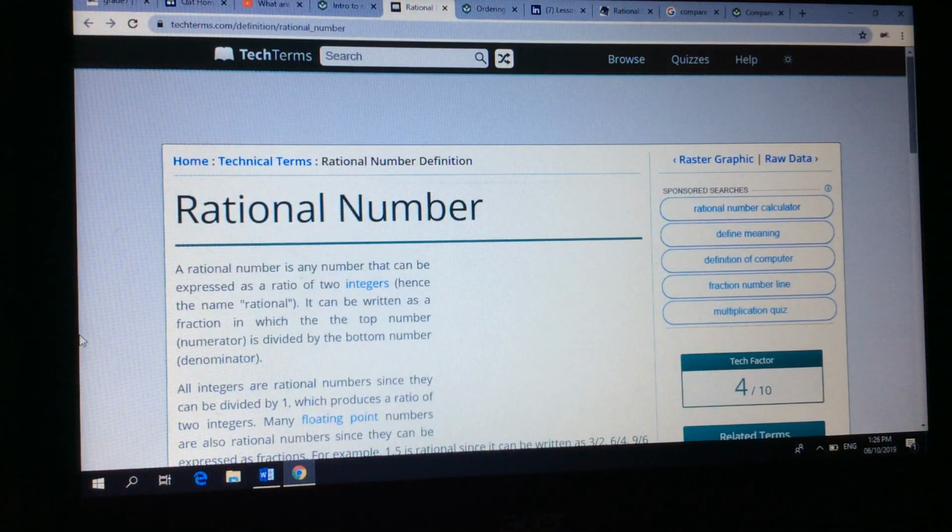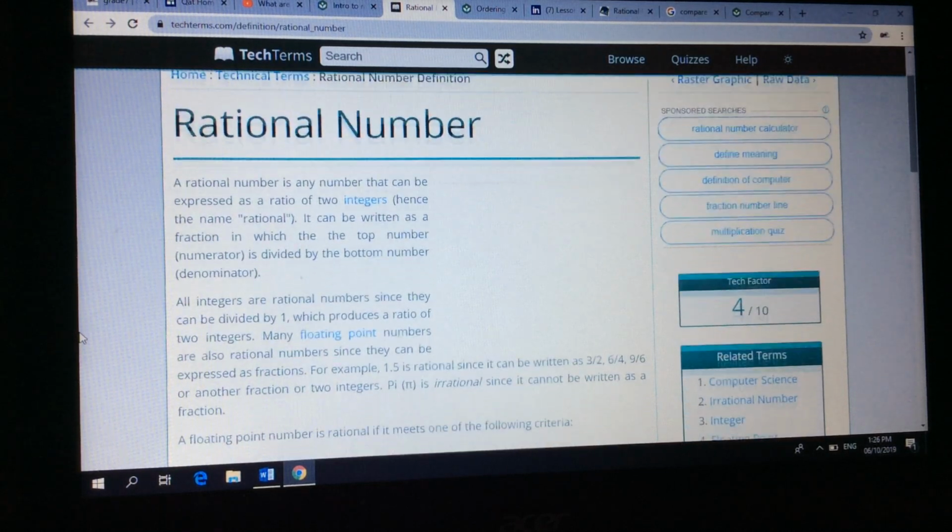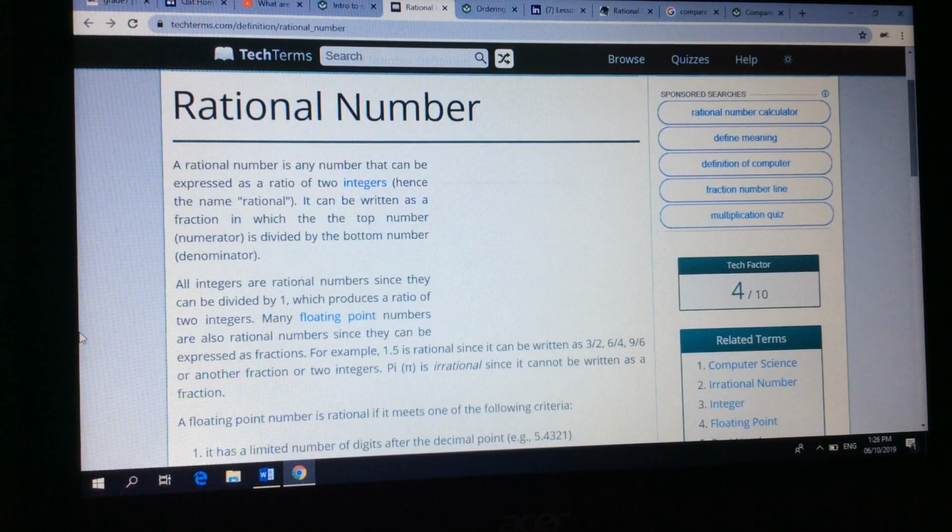So a rational number is any number that can be expressed as a ratio of two integers. It can be written as a fraction in which the top number is divided by the bottom number. So all integers explained in the video are rational numbers since they can be divided by 1, which produces a ratio of two integers.